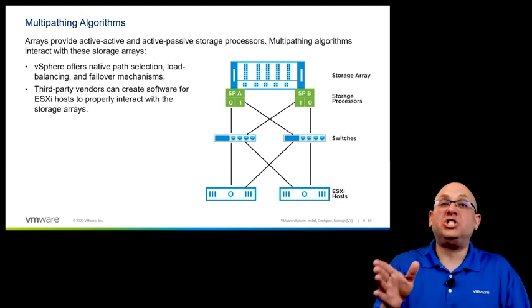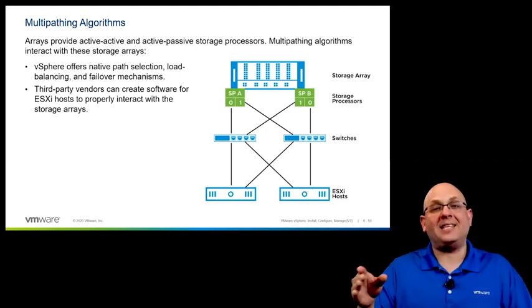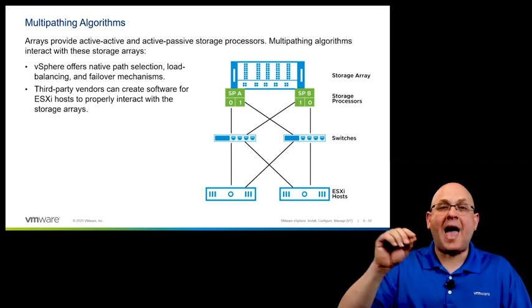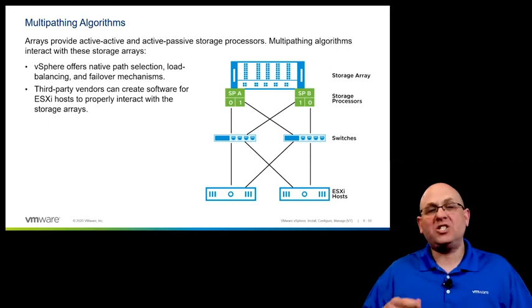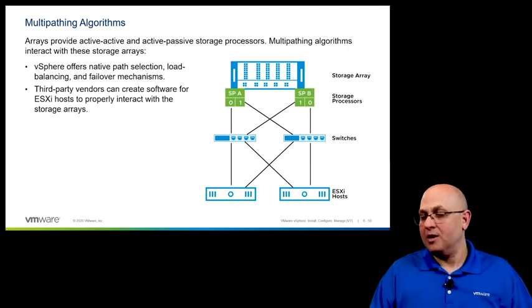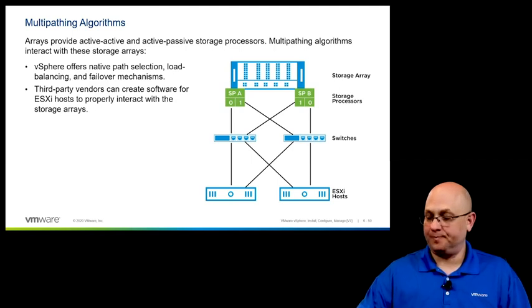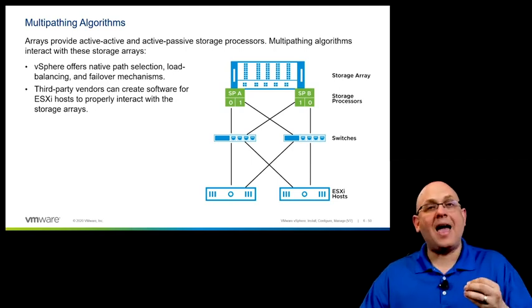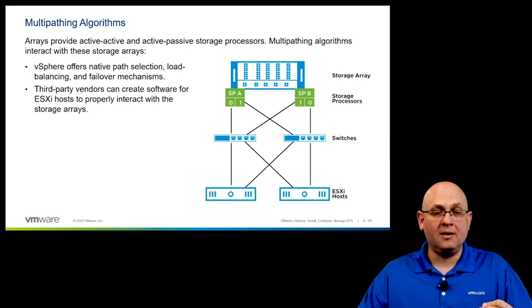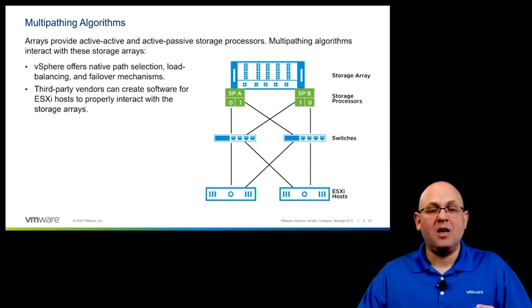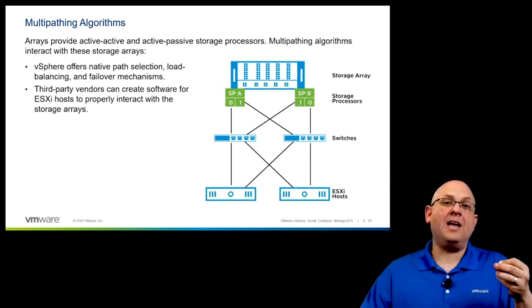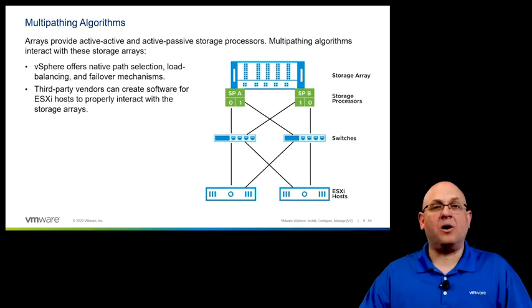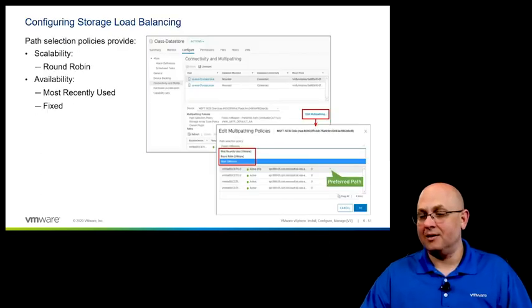But when it comes to choosing which of the paths ESXi will utilize to access a particular data store, then it comes down to which multipathing algorithm do you want to use? Now, ESXi has a few built-in multipathing algorithms, but your storage vendors may have a plugin that will allow you to install a third-party multipathing algorithm into ESXi.